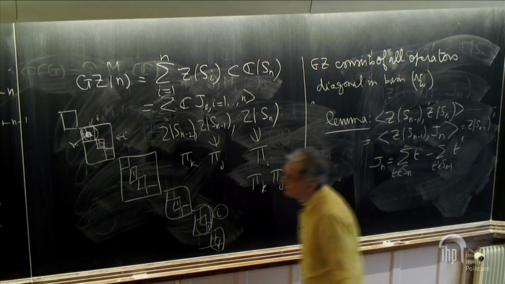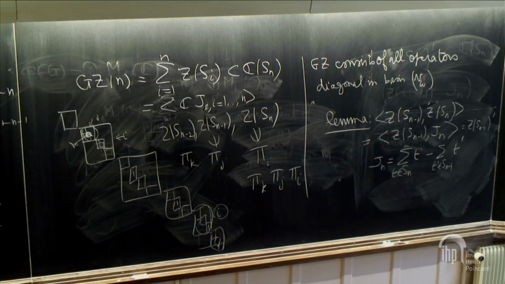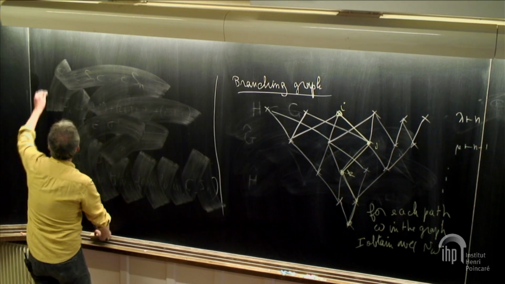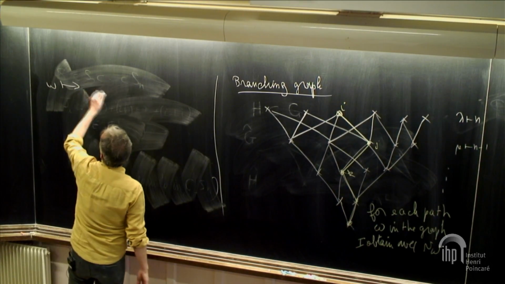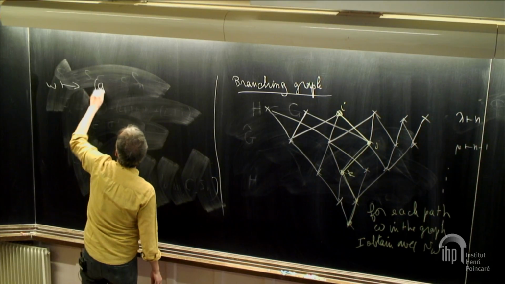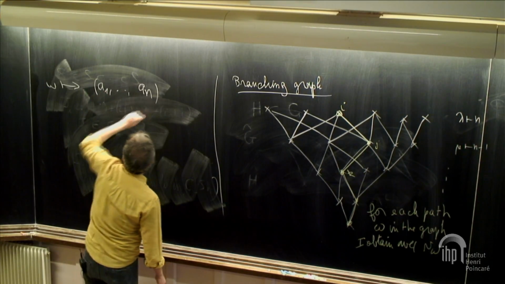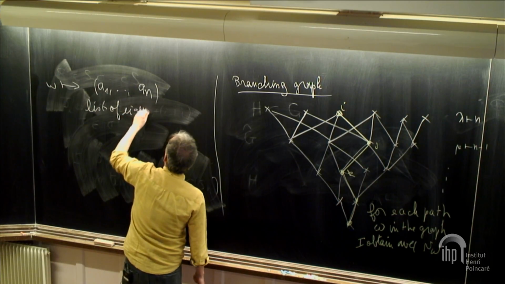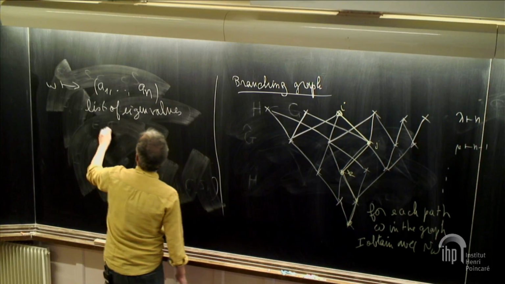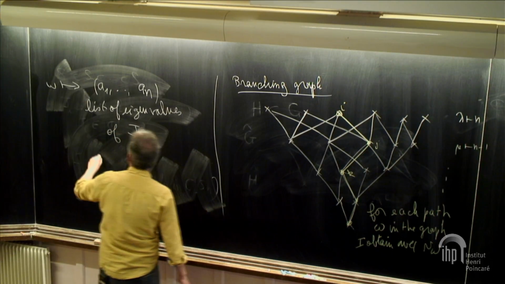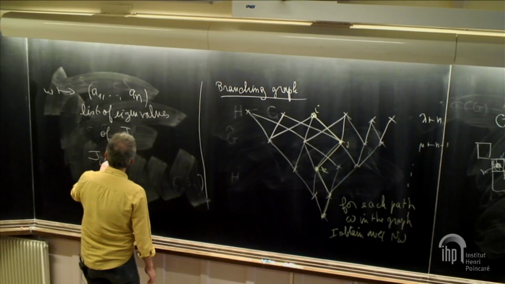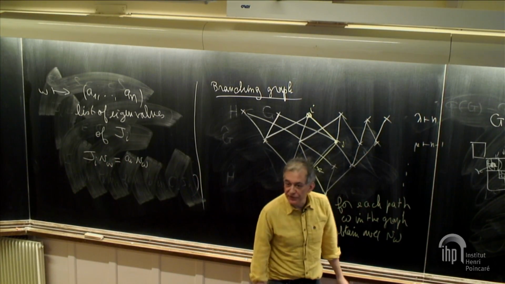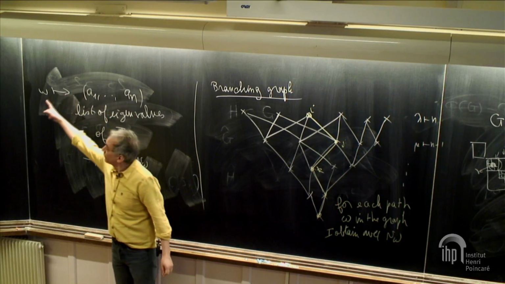So this means that to each omega, to each path, corresponds the list of eigenvalues, say A1 to An, so that Ji V omega is equal to Ai V omega. And this is a one-to-one correspondence.